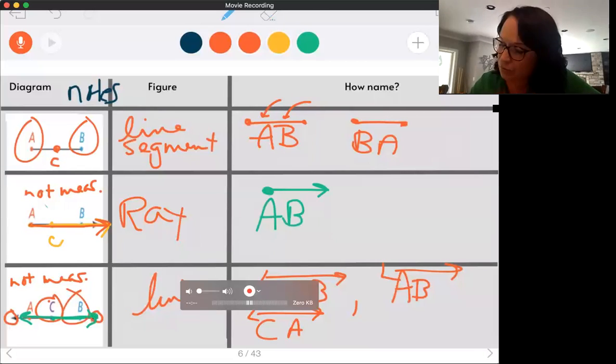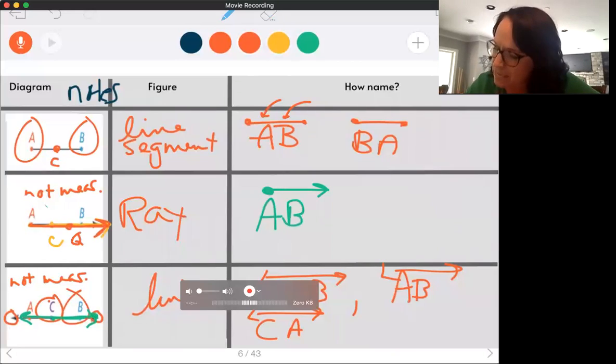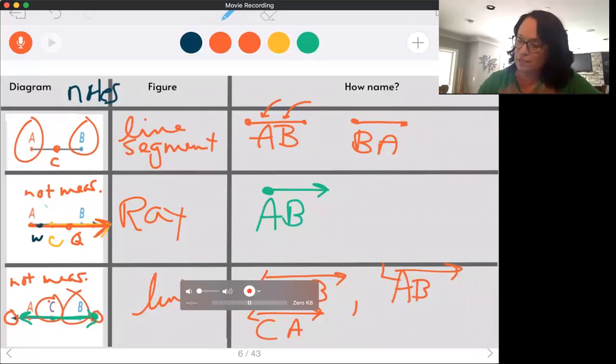I could have put a Q here, and ray AQ goes from A forever through Q, and is the same as ray AC, the same as ray AB. Suppose I put a little dot really close to A and called it W. Ray AW is also the exact same ray because it starts at A and goes forever through W. So with rays, if they have the same shout out point, they're the exact same ray.